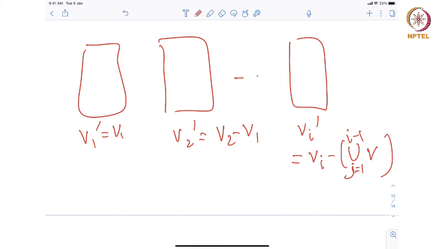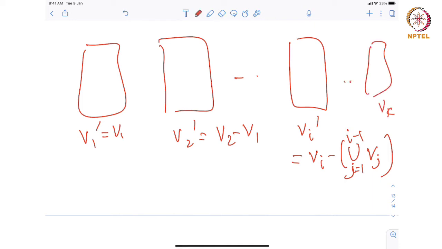So, whatever previously you have selected, just remove all those vertices. So, Vi prime only contains those vertices which do not appear in V1, V2, up to Vi minus 1.